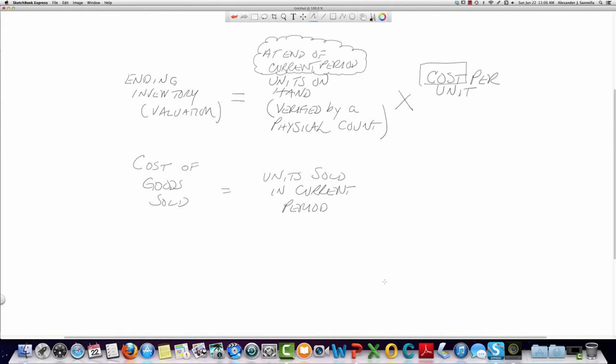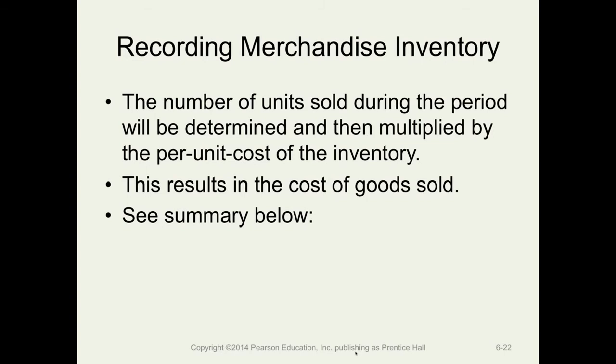It's the units sold in the current period, multiplied again by that cost per unit. And once again, I'm going to box this off because we've got to get back to this. This is critical, and it will depend on the inventory valuation method that we use.